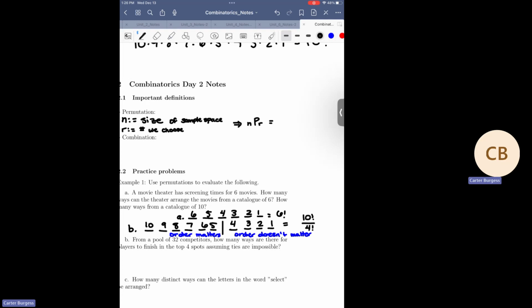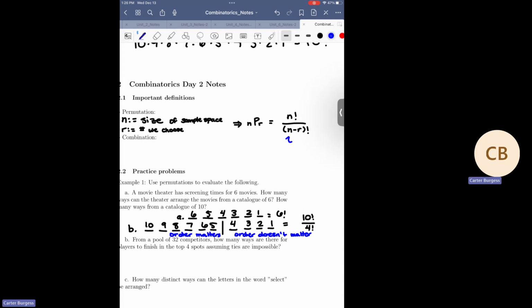What n permutation r translates to is we take our n factorial, the number of ways that we can line up these n objects, and we divide away the orders that we don't care about. In particular, we don't want to divide away r orderings because that's what's being chosen. Ideally, we care about that order. We're going to divide away instead n minus r orderings, just this n minus r factorial.